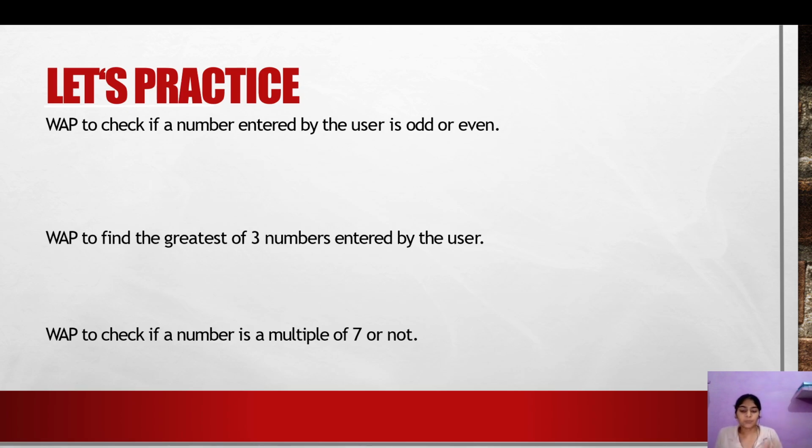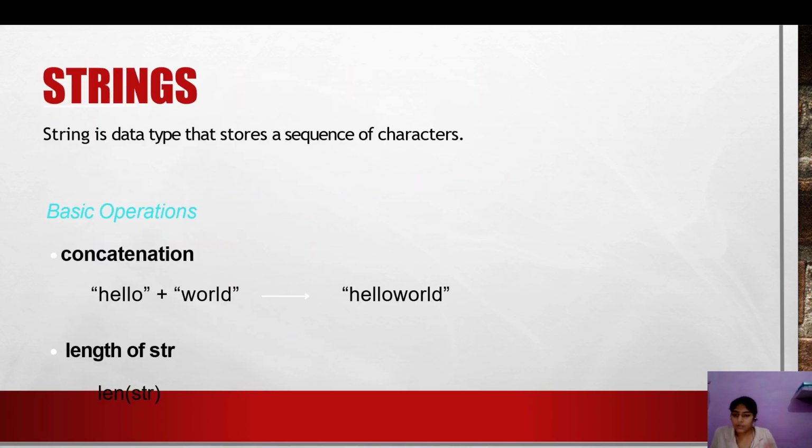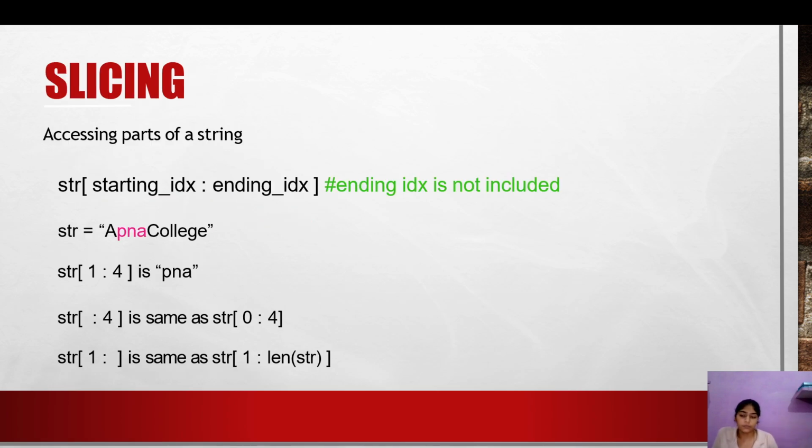So till then, I hope this is all clear to you: what is a string. A string is a sequence of characters. A string is a data type that stores characters. Concatenation is joining two strings, adding two strings. Length of a string, how you can find the length of a string. Indexing, how you can do the indexing 0, 1, 2, 3 and so on.